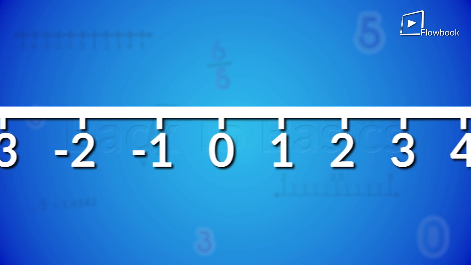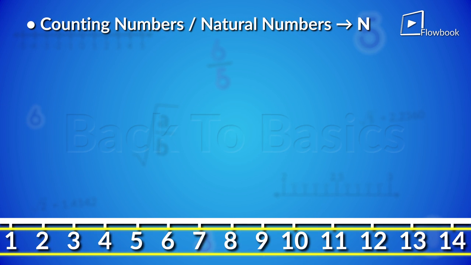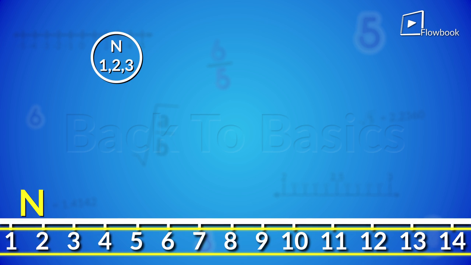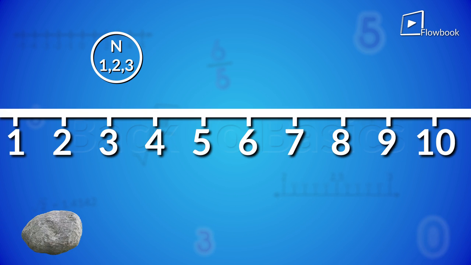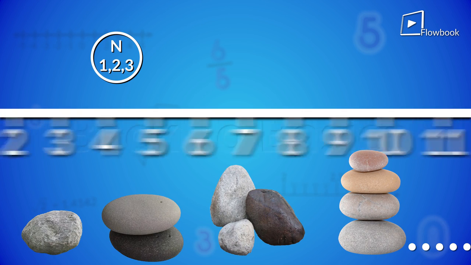Now, the infinite size of this number line contains many different types of real numbers. There are obviously the counting numbers or the natural numbers represented by the capital letter N on the number line. Now, these are numbers which came naturally to us humans, so that we could count the number of things around us, such as 1, 2, 3, 4, 5, 6, 7, 8, 9, 10, and so on.